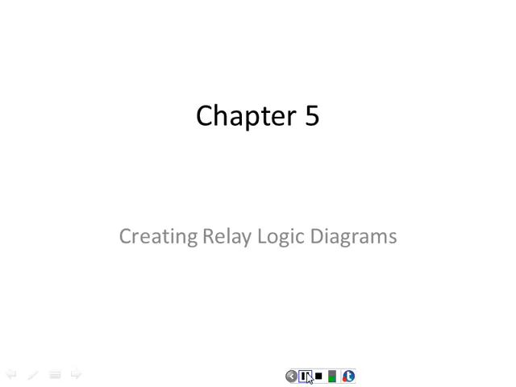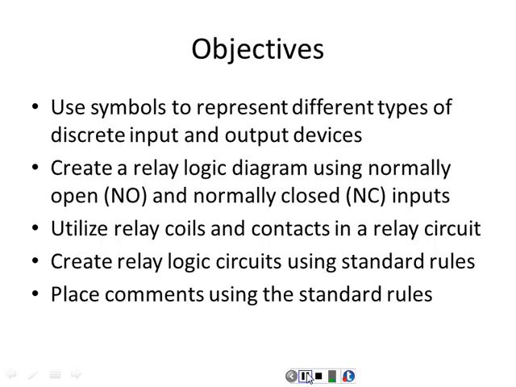This is actually starting to get into the fun part of this class. We're going to look at using symbols to represent different types of input and output devices. We're going to create relay logic diagrams using normally open and normally closed inputs. Okay. We're going to look at relay coils.